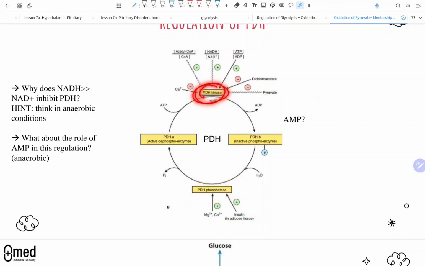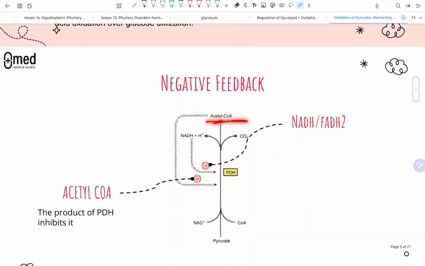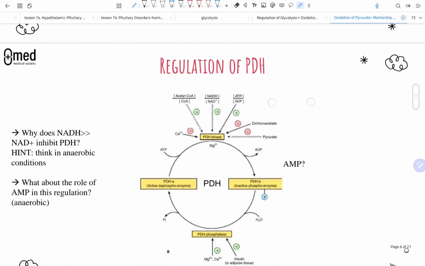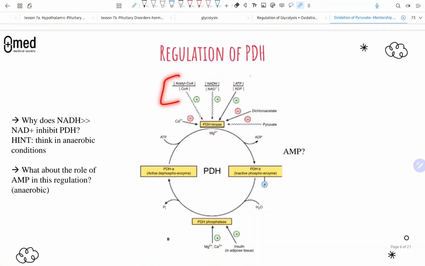These enzymes are also controlled by outside factors. We'll start with acetyl-CoA, NADH, and ATP. As I have said before, if the levels of acetyl-CoA and NADH are increased, this will inhibit PDH. If these three are increased, they activate PDH kinase.